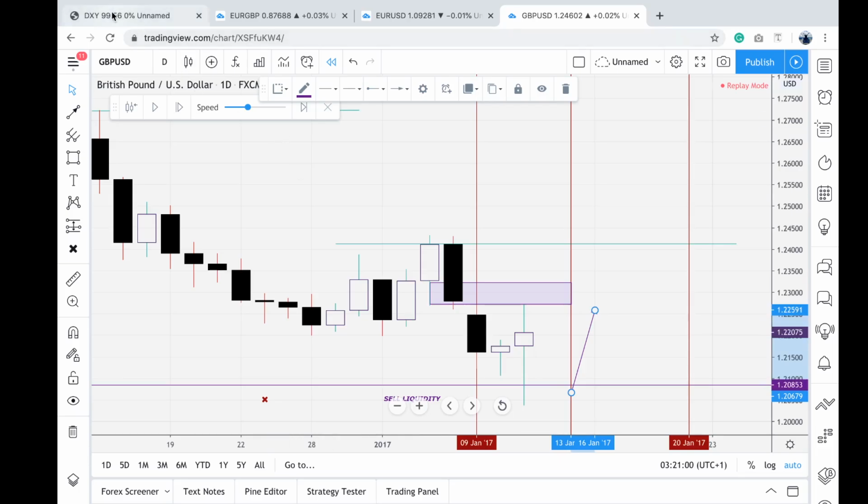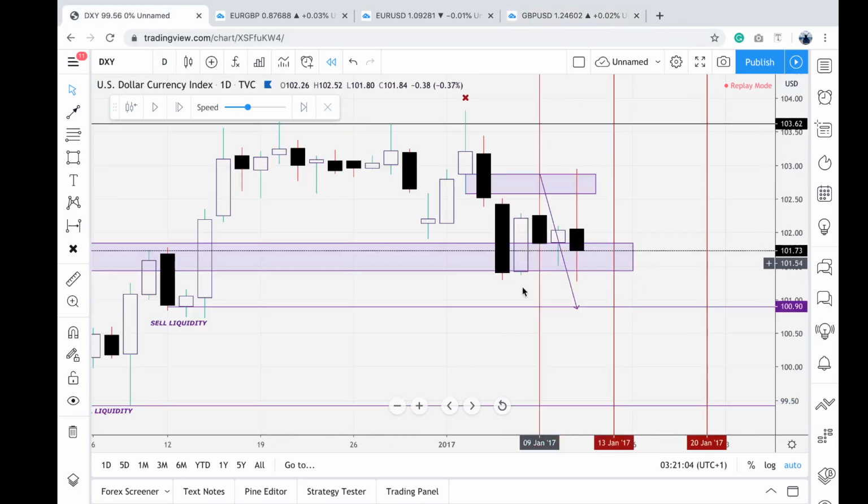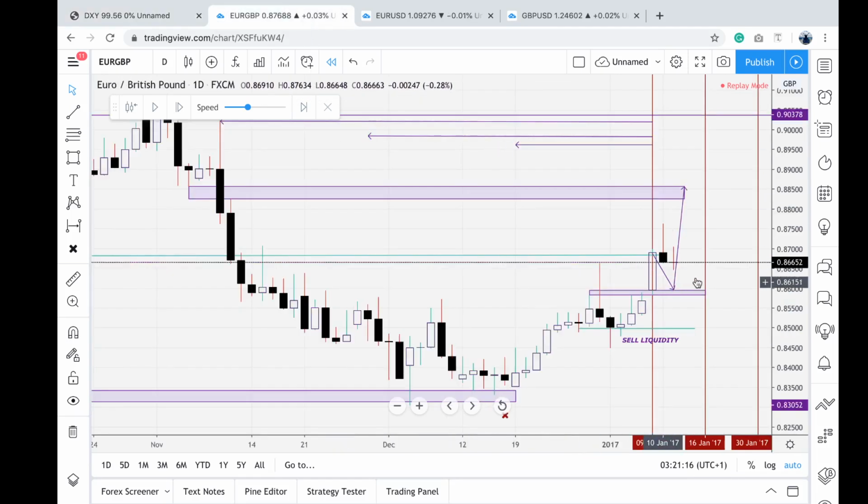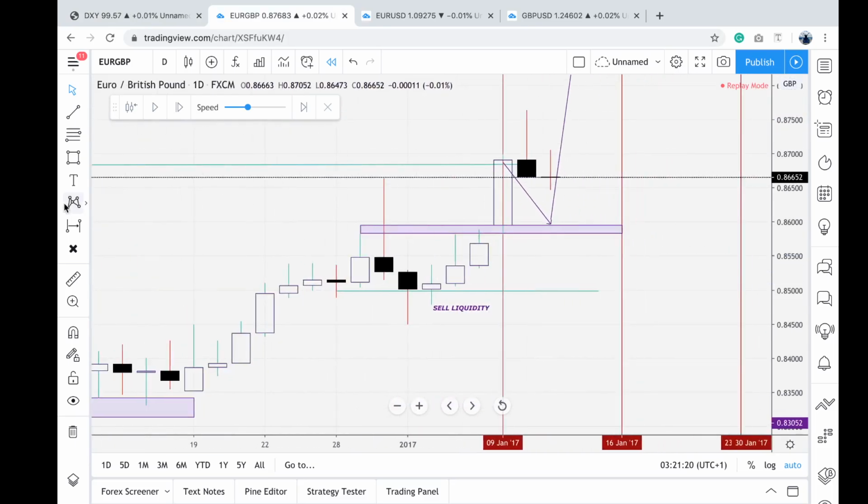Okay, so now we can anticipate a continuation of sells going into Thursday to reach 100.90 as our overall sell side target on the DXY. And for the Euro Pound, we could potentially see bullishness from this level, as this candlestick's high is providing some form of support for price.